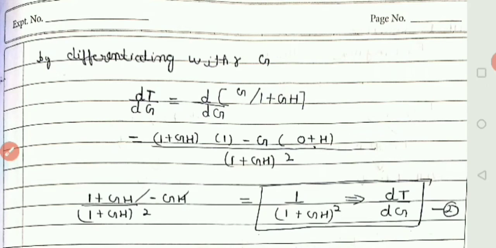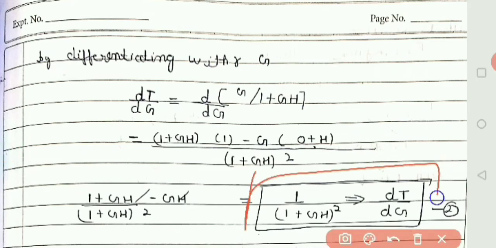If we calculate these terms, we get dT over dG equal to 1 over (1 plus GH) square.